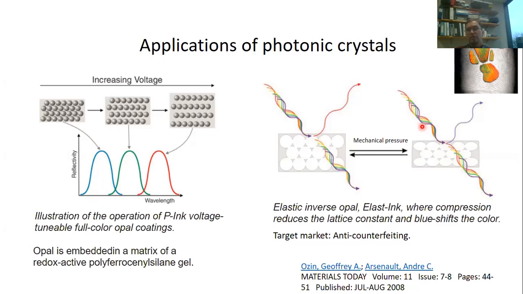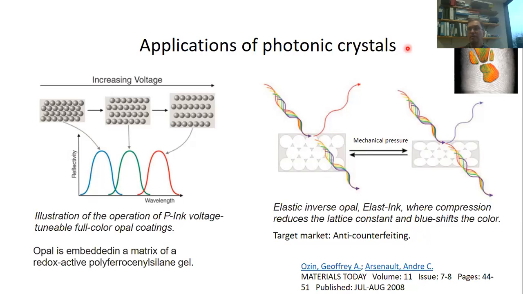So this can, for instance, be used for counterfeiting techniques. You can actually embed, meanwhile, photonic crystals into banknotes, which is technically very difficult. And when you press with your finger on the banknote in a particular area, and the banknote then changes its color in that area, then you know it's the real banknote and not some counterfeiting product.